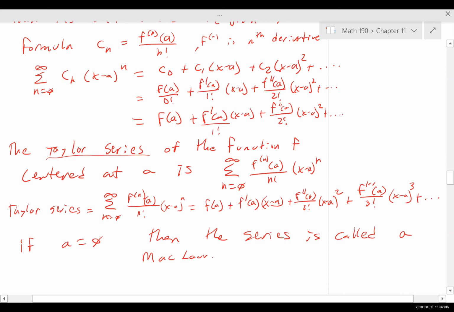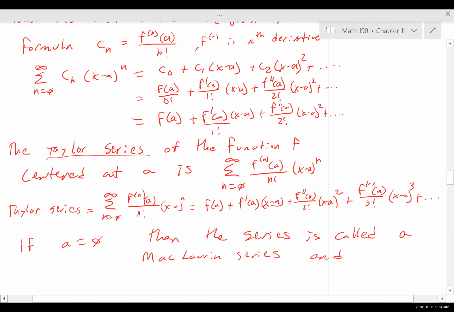Not to be confused with McLaren, which is a very fast car. Different spelling. Then the series is called a Maclaurin series.